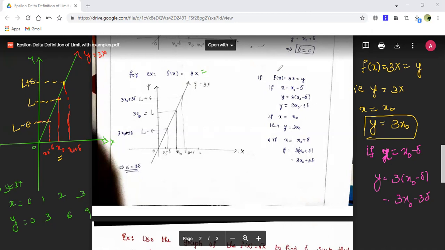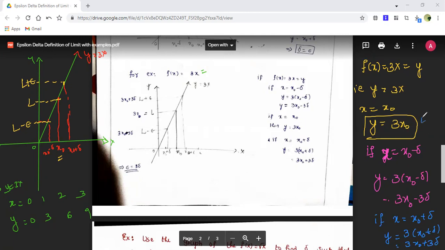Similarly, if I take x is equal to x naught plus delta, then your y will be 3 times x naught plus delta, that is 3x naught plus 3 delta.